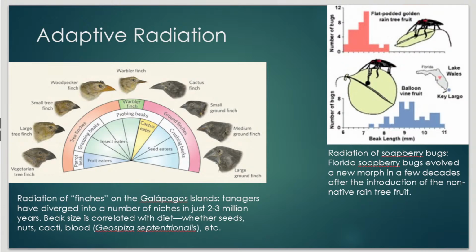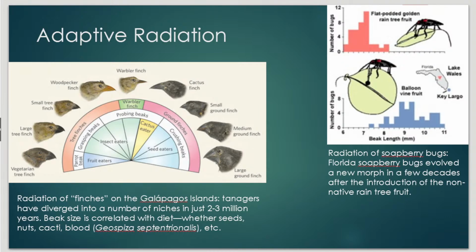Okay, so the way that I described it earlier was you have a population, and then it splits in two, and you have sister species, or you have your chronospecies, which is just one long lineage. Well, that's not always what happens. Sometimes you can get a whole bunch of very close speciation events if a population invades a large enough area.